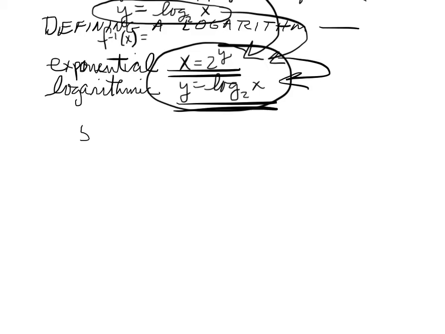So when we write 5 squared equals 25, you need to get good at saying, oh, that's the same thing as saying the log of 25 base 5 is equal to 2.